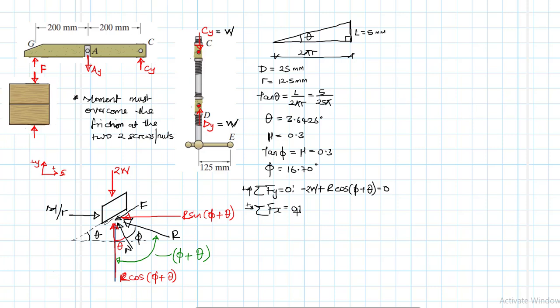Then summation of forces in the x: we have this moment divided by r, which is positive, and minus r sine of phi plus theta equal to 0.